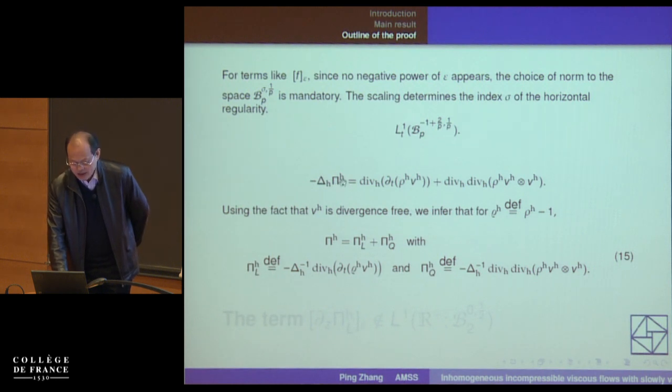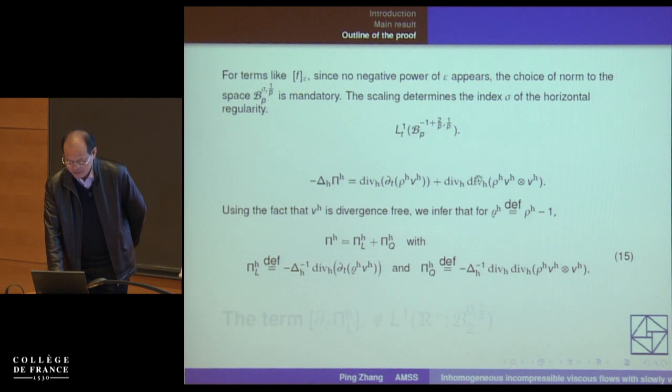By taking the 2D horizontal divergence of the momentum equation of this 2D inhomogeneous Navier-Stokes system, you find negative Laplacian_h pi_h equals divergence_h of this term plus this term.